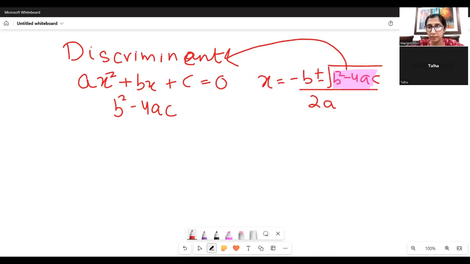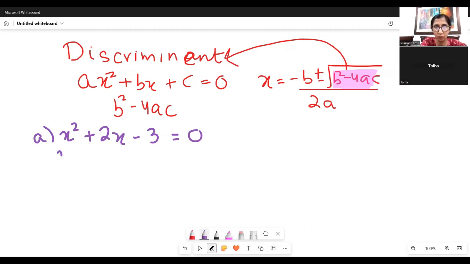Let me give you a quadratic equation first. Here's the quadratic equation: x square plus 2x minus 3. What is the value of the discriminant here? B square minus 4ac.